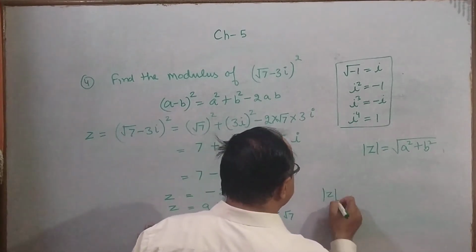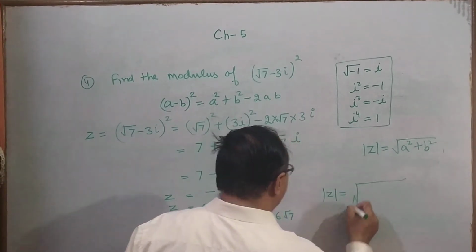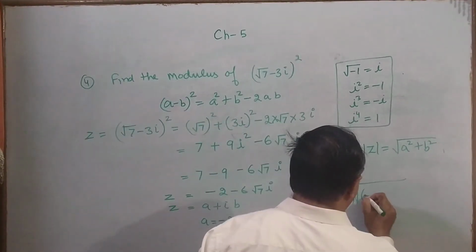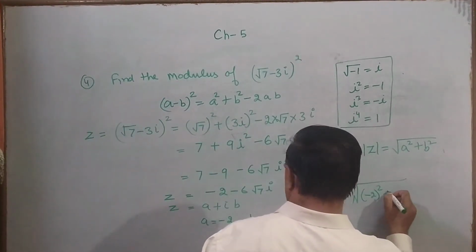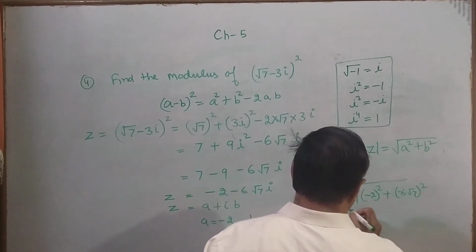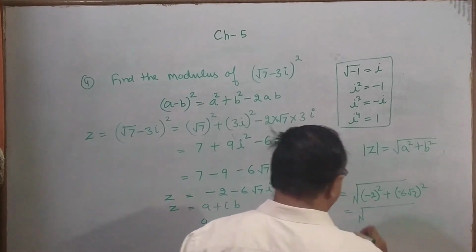Therefore, modulus of z is, the value of a is minus 2. When you put here minus 2 square and 6 root 7 whole square, you will get the answer.